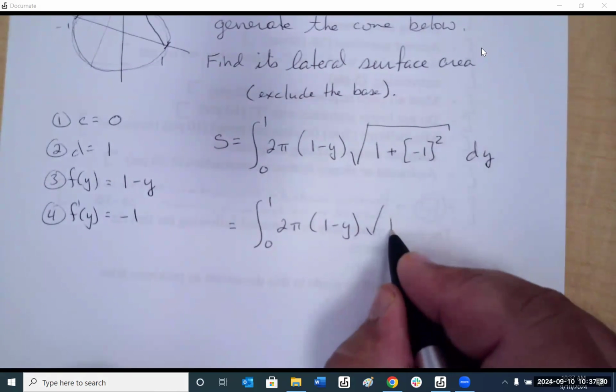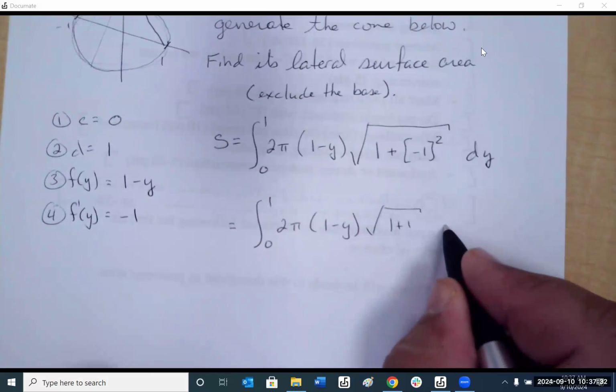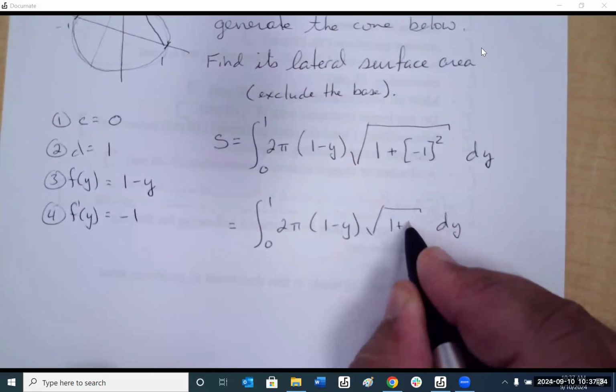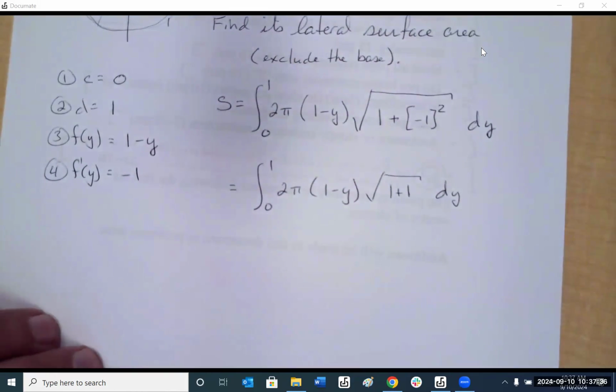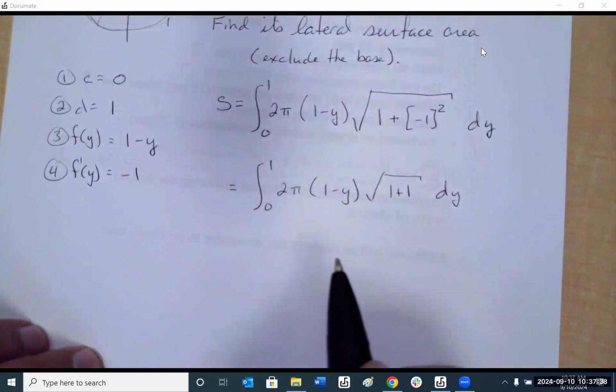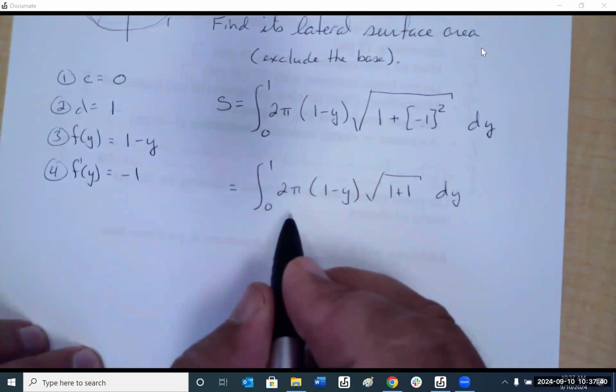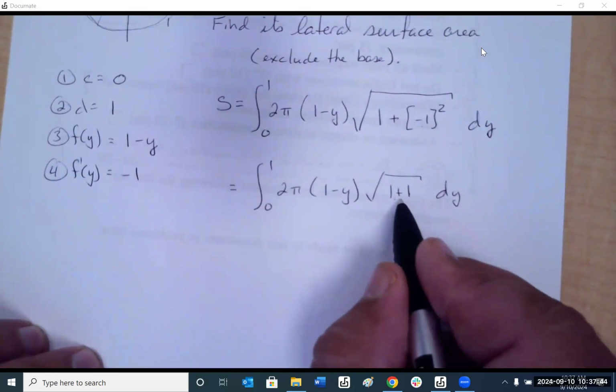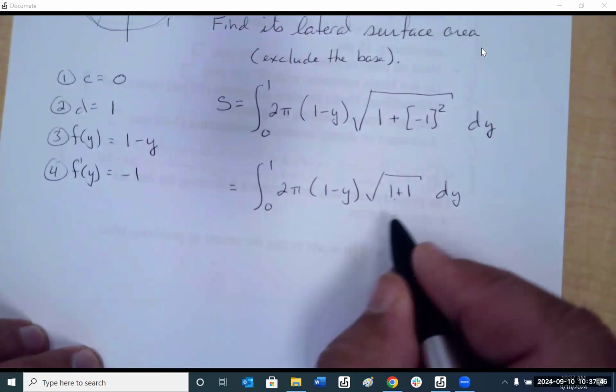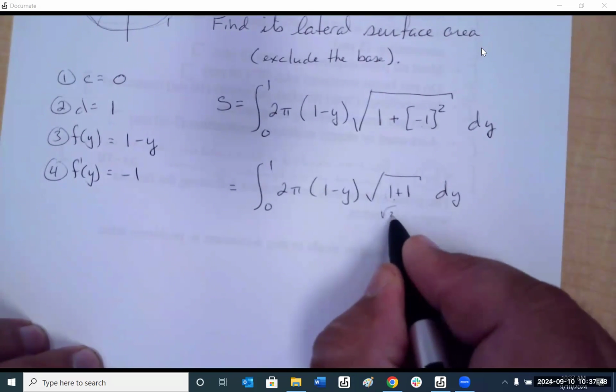-1 squared is 1, so we have 1 plus 1. One plus 1 is 2, so we have square root of 2.